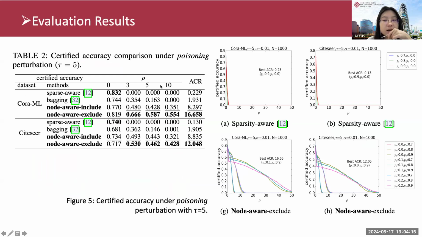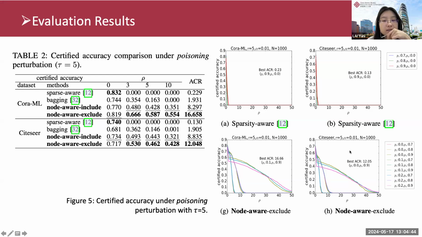For poisoning GRA, we have introduced a variant of node-aware smoothing, the node-aware exclude. The exclude means that we exclude the isolated node from making predictions and voting. Because in the poisoning setting, the model cannot train on isolated nodes. For this reason, excluding the isolated nodes from voting can increase the model accuracy.